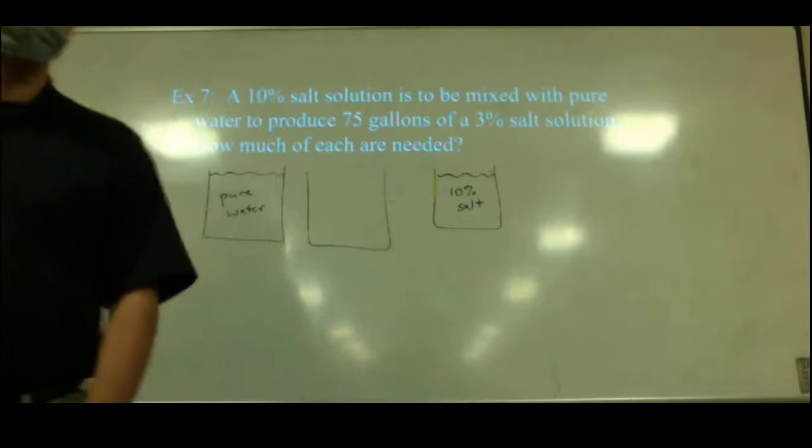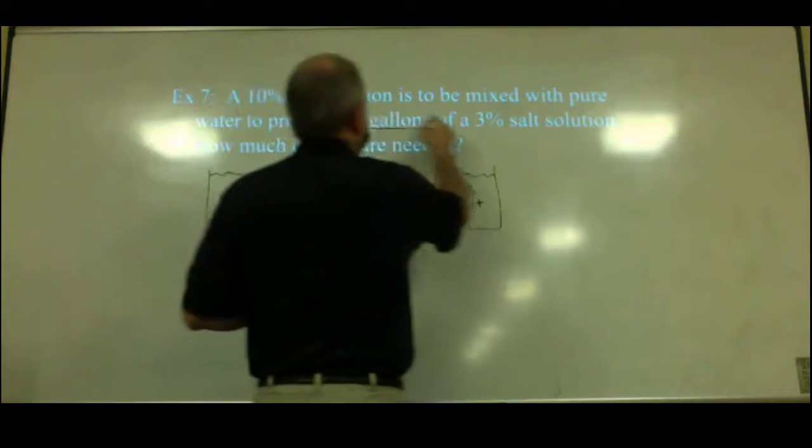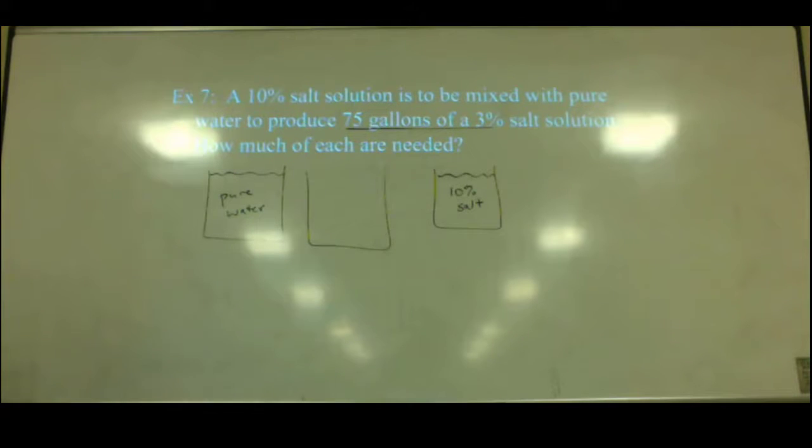Does that make sense? Now, we're going to mix these together, but we can't just mix all of it together. We have to mix them in a certain way so that we end up with 75 gallons of solution that's 3% salt. Does that make sense?